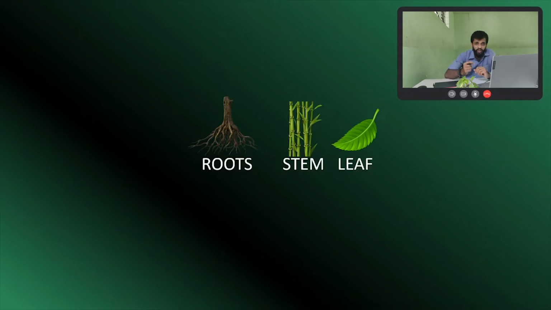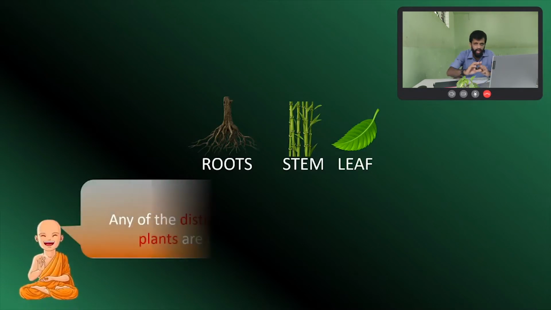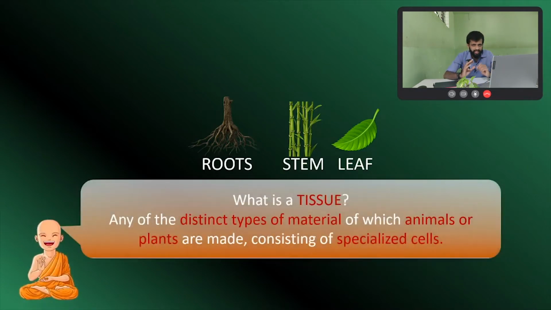They have different kinds of cells or tissues that make up this entire plant. Roots are made up of different tissues, stems are made of different tissues, and leaf is made up of a different tissue. So what is it? I'm not going to tell you. This Gyani Pandit is going to explain it to you.